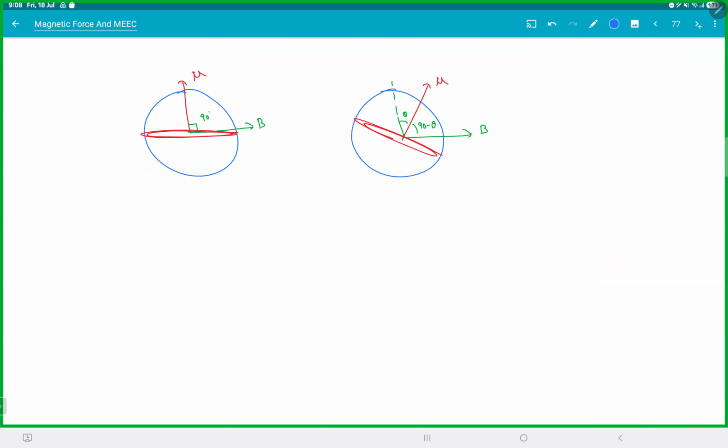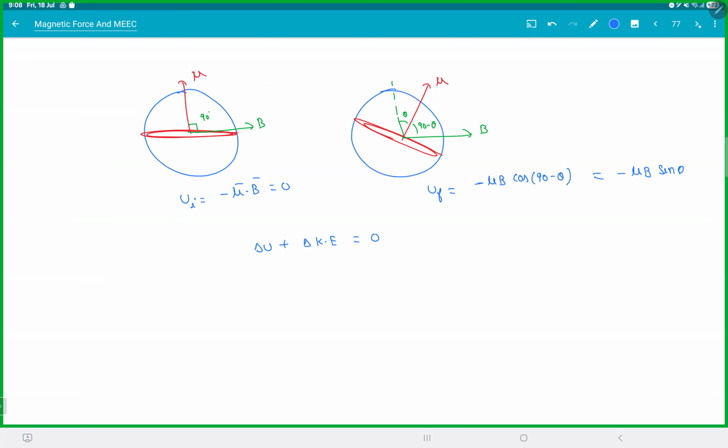The initial potential energy is minus mu bar dot B bar, which is 0. Final potential energy is minus mu B cos of 90 minus theta. Change in potential energy plus change in kinetic energy must be 0.